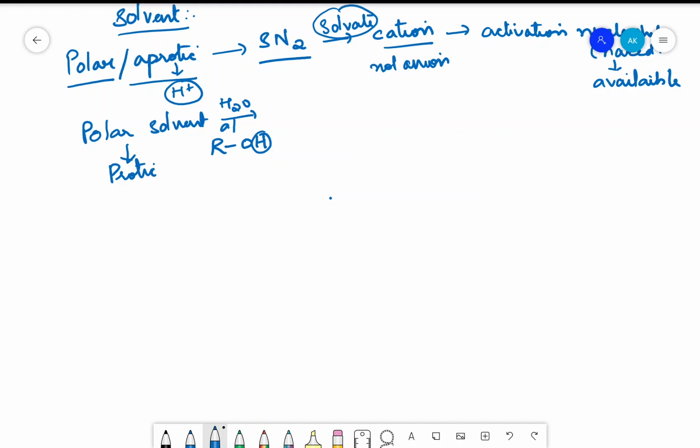So this polar protic solvent will favor the SN1 mechanism, and they solvate as well as stabilize.